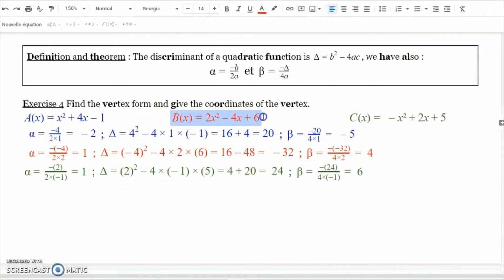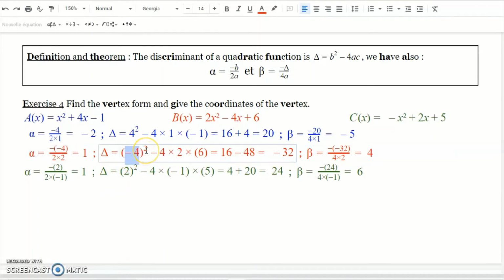For b(x), alpha is equal to minus b, minus 4, over 2 times a, 2 times 2. So this is 1. Delta is equal to b squared, minus 4 times a, which is 2, times c, which is 6.